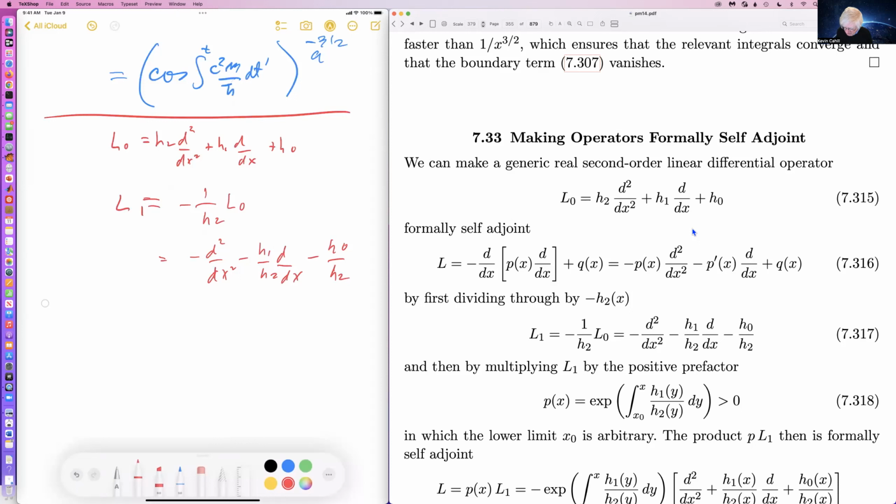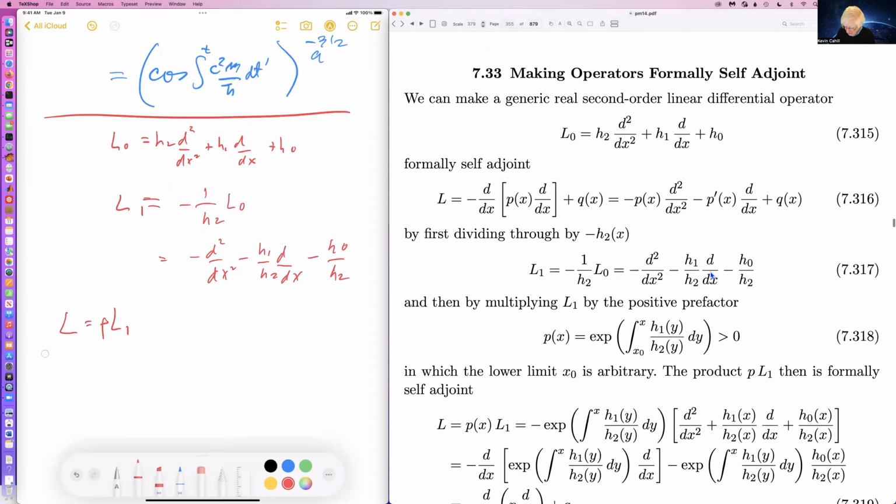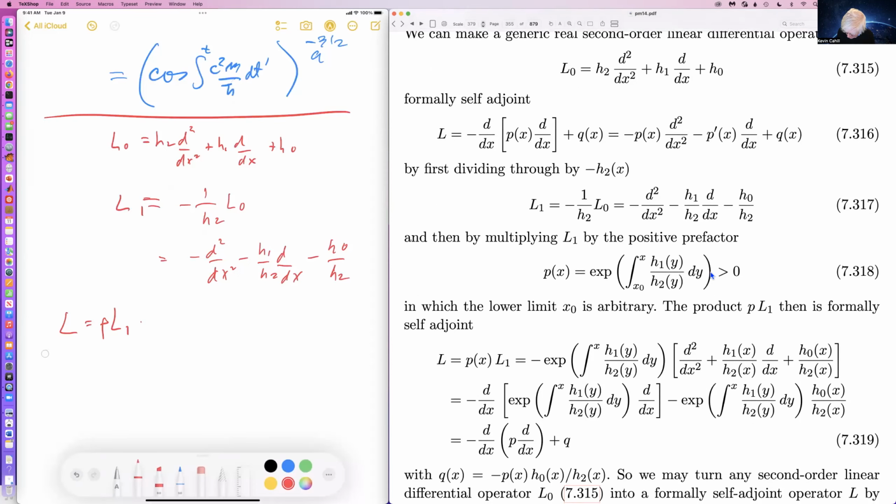So that's what we have there. And then we say L is rho L1. And that is then rho or minus rho times d2 dx squared minus H1 over H2 d dx minus H0 over H2. So this is our expression here where rho isn't arbitrary.